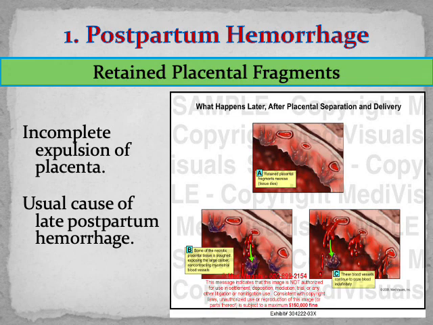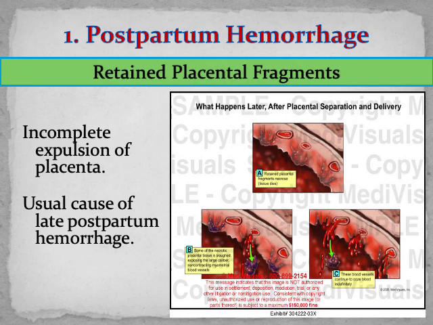Third is retained placental fragments. Again, nabanggit ko na that it is the usual cause of late postpartum hemorrhage. It's the incomplete expulsion of placenta. These will keep the uterus from contracting fully. So abnormal bleeding occurs.